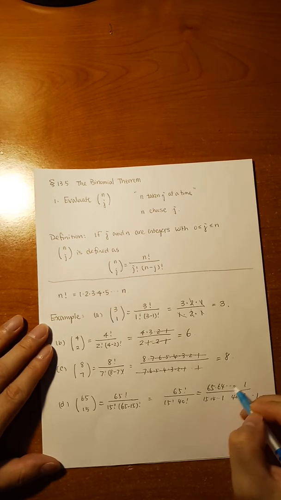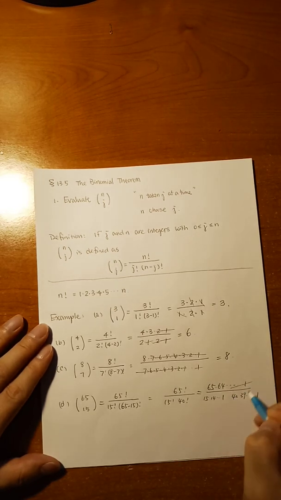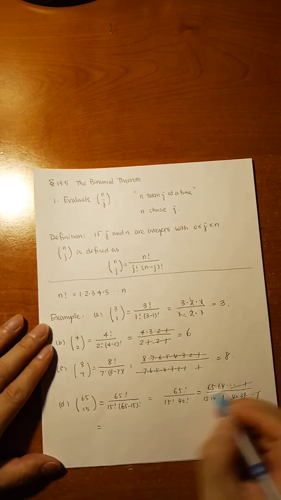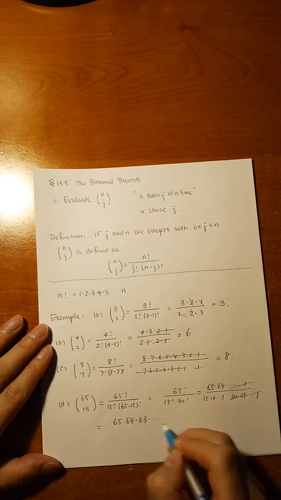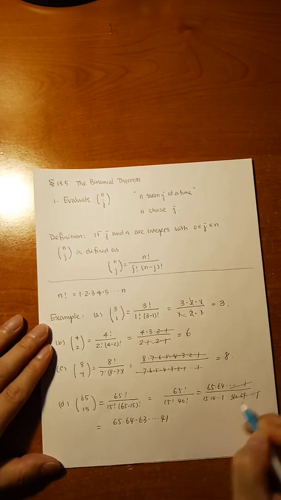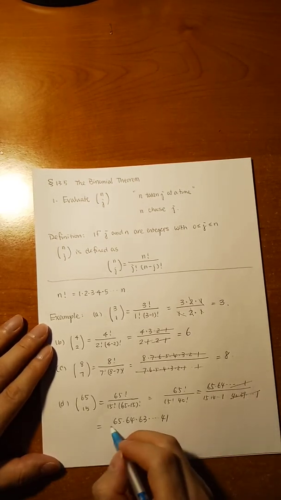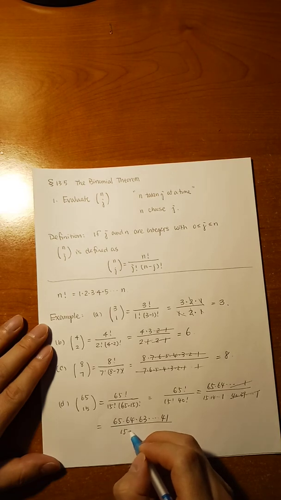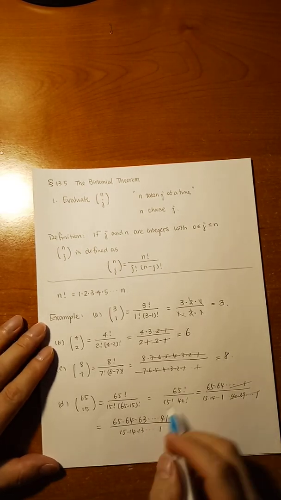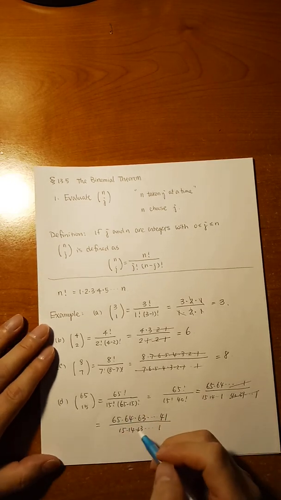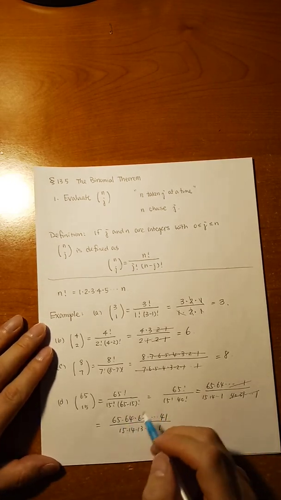The 40 factorial cancels with the 40 factorial from the top. So what do you get? You will get 65 times 64 times 63 up to 41, since 40 is cancelled from top and bottom. And the bottom, you will have 15 times 14 times 13 down to 1. And this is a very huge number. Trust me, it's a very, very huge number.